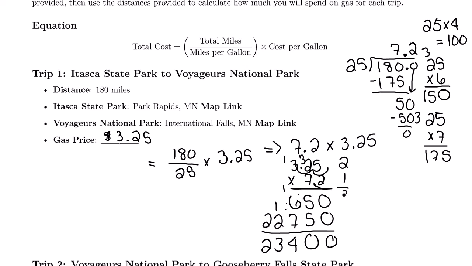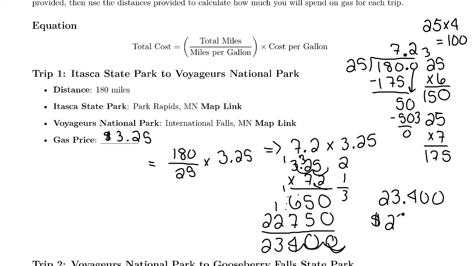So that means we have to move 3 decimal places in our answer: 1, 2, 3. That gives us 23.400.